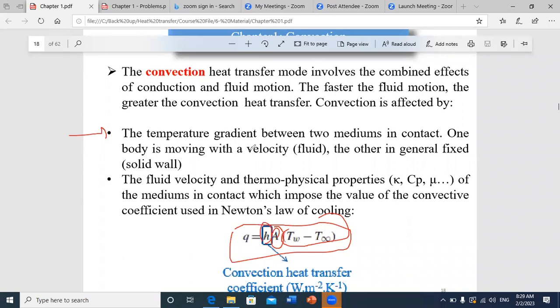This is why we called it bulk motion of the flow, and another, the surface, that is in general fixed. The other parameters that affect convection are the fluid velocity, in addition to thermal physical properties, which are affected by the type of fluid. So cooling with air is not like cooling by water. Water is much more efficient to cool than air. This is related to the type of the material we are using.